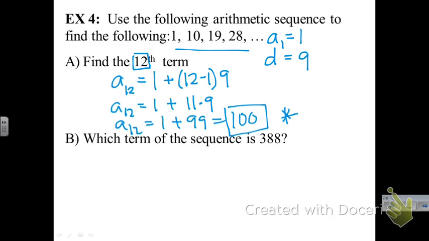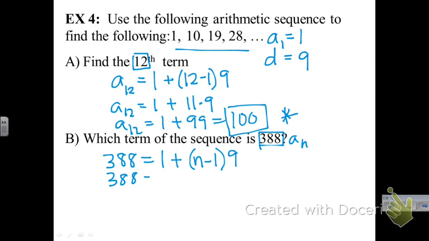B says which term of the sequence is 388. Well, this represents your a sub n, so we're going to use that same formula and replace the a sub n with 388 is equal to a sub 1, 1, plus n, we don't know, minus 1, times d is 9. And then we're just going to do some algebra to solve this.